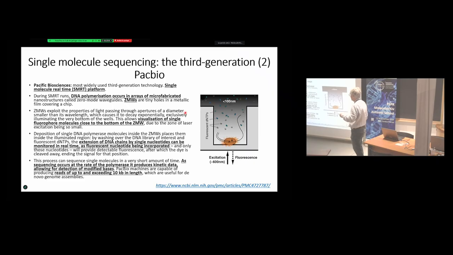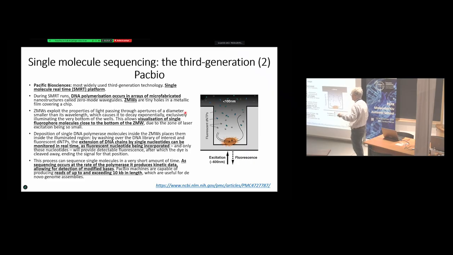And when you are using that, you can get a signal only from the very bottom of the wells. And so that allows the visualization of just the fluorophore molecules that are close to the bottom of the well.